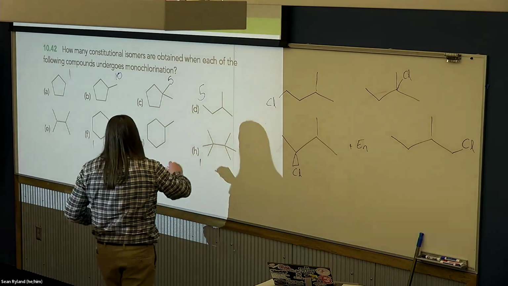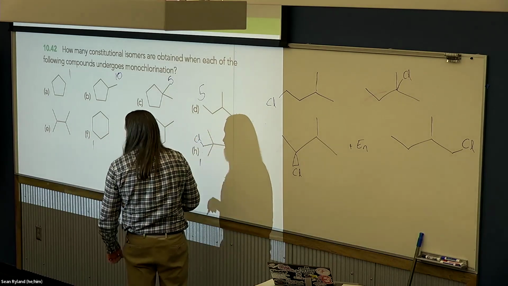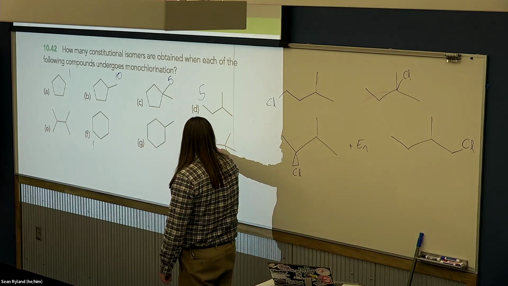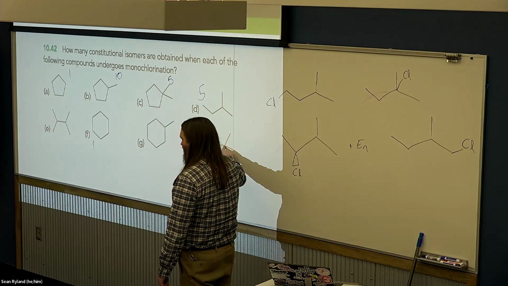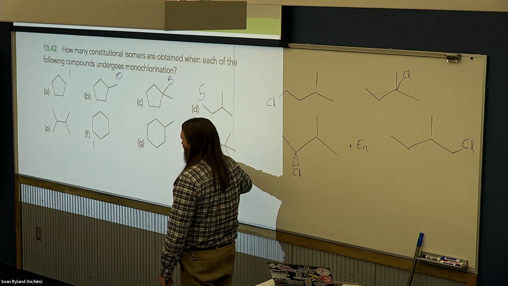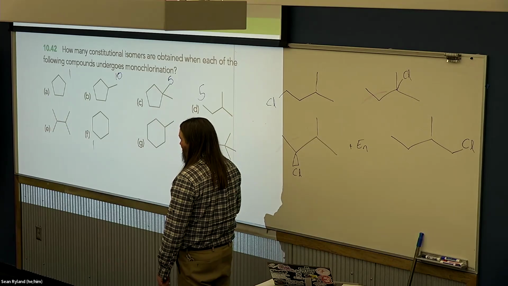Right. So we could put a chlorine here. I can't put a chlorine there, I can't put a chlorine there. Do the same thing, because all of these methyls are identical to each other.